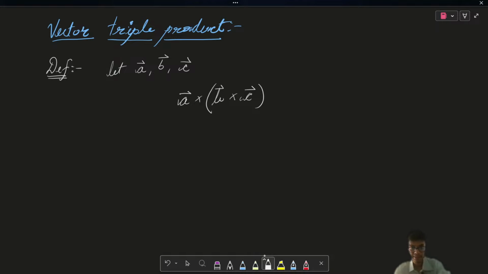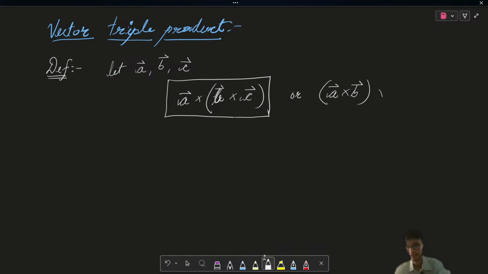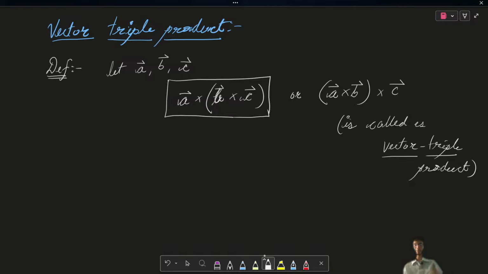Now the position of this bracket plays a very significant role. This particular way of defining a product of three vectors is called the vector triple product, or maybe I can do the product as (A cross B) first, and then cross with C. This kind of product is also called the vector triple product.